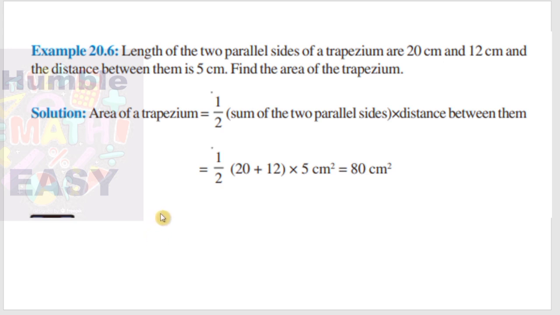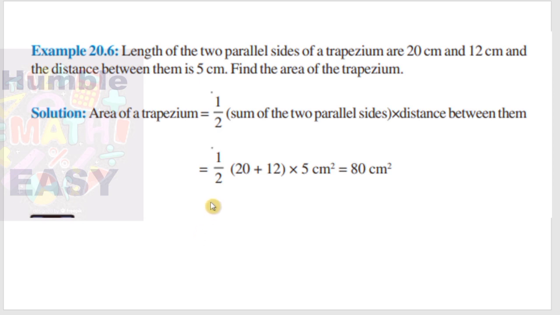Now, given the example: the lengths of the two parallel sides of a trapezium are 20 centimeters and 12 centimeters, and the distance between them is 5 centimeters. Find the area of the trapezium. Again, the area of a trapezium is 1/2 times the sum of the two parallel sides times the height, since the height is between the two parallel sides.